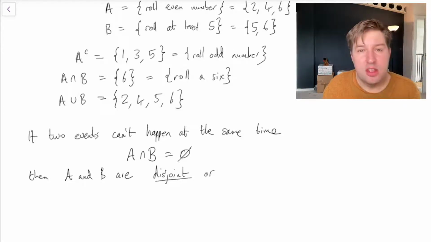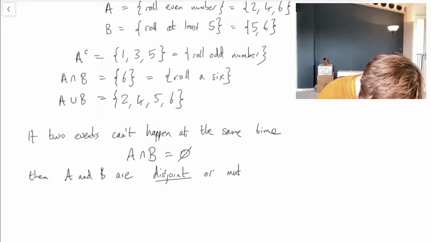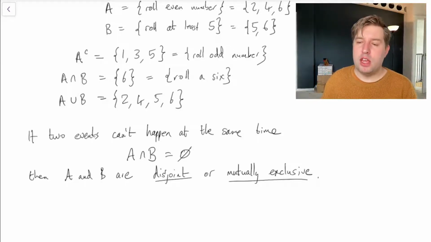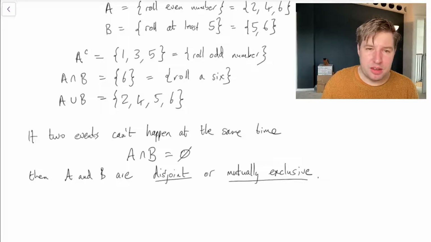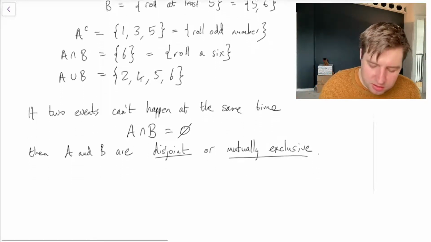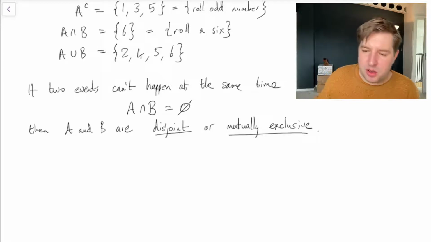Another phrase for this, which is just more syllables for the same thing, is mutually exclusive. I normally just say disjoint because it's a lot fewer syllables, but disjoint or mutually exclusive means they can't happen at the same time. And that will be useful in various places, because events that can't happen at the same time are somehow easier to deal with than events that do have an overlap.